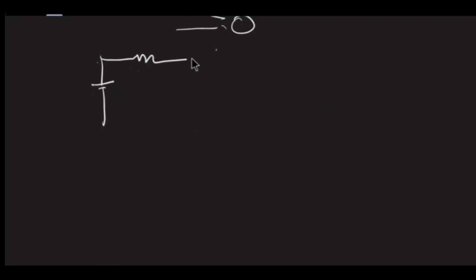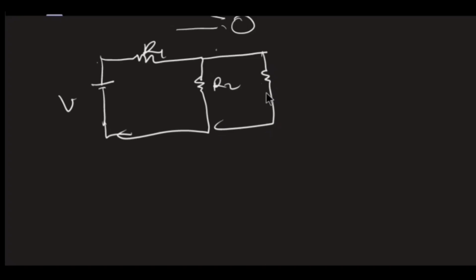Let's see an example here. I have my voltage source V going to one resistor, another resistor. So this is resistor R1, resistor R2, then my resistor R3 to go and come back. When I have this connection here, can I identify which of these resistors have been short circuited?